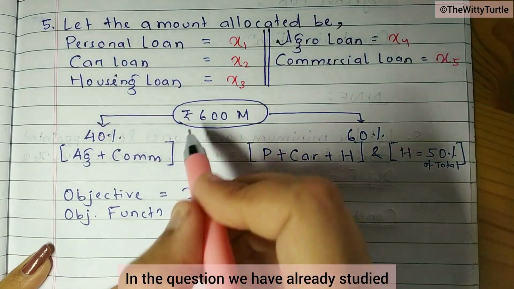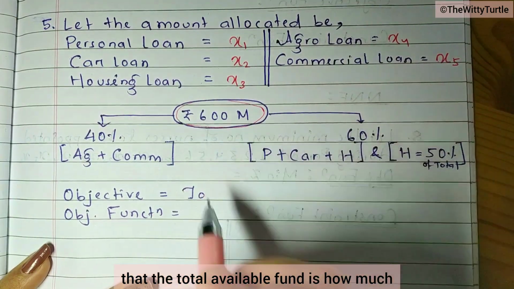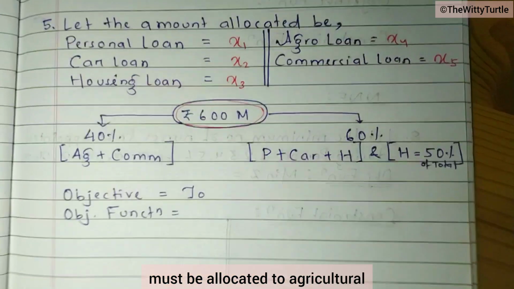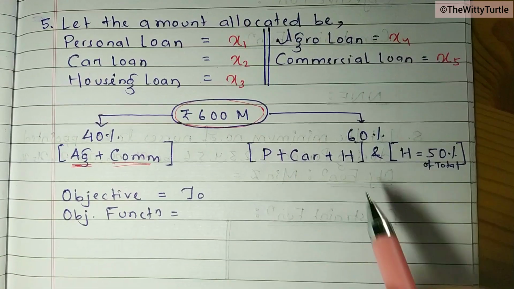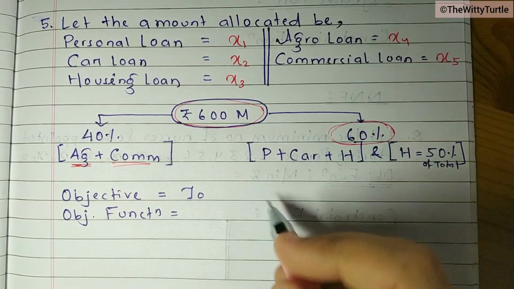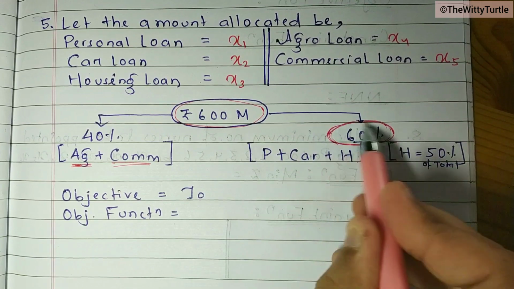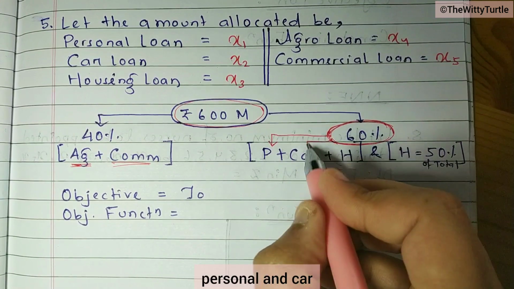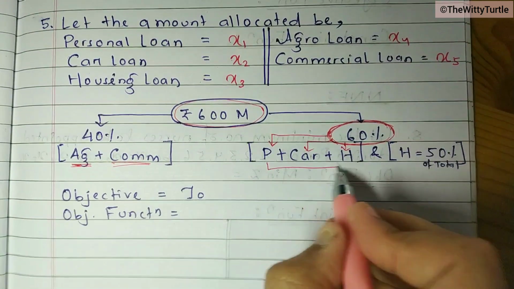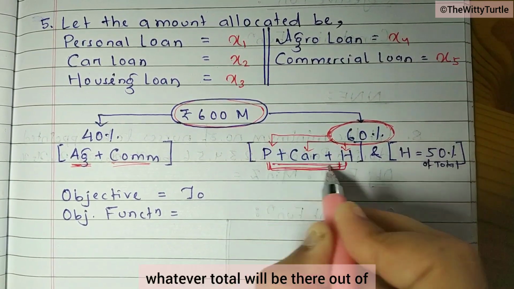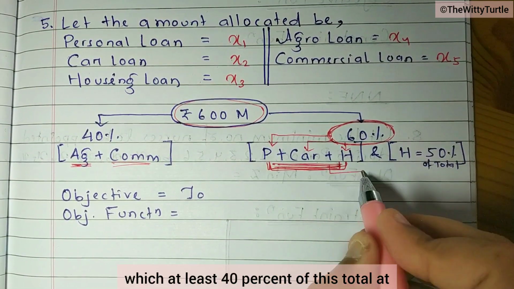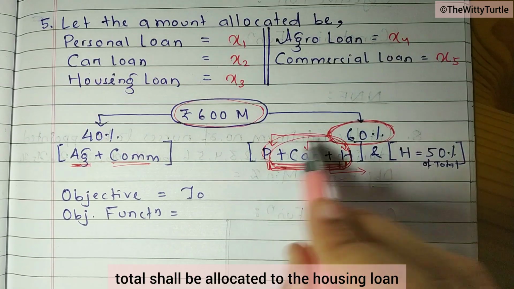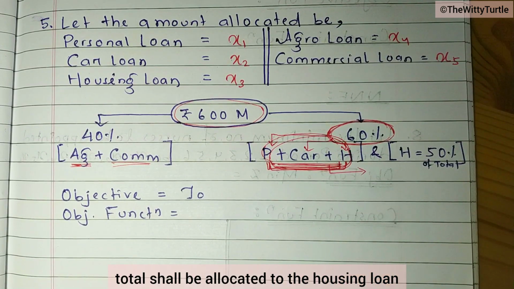In the question, the total available fund is 600 million rupees, out of which at least 40% must be allocated to agricultural and commercial loans, and the remaining 60% will be allocated between personal, car and housing loans, out of which at least 50% of this total shall be allocated to the housing loan, right?